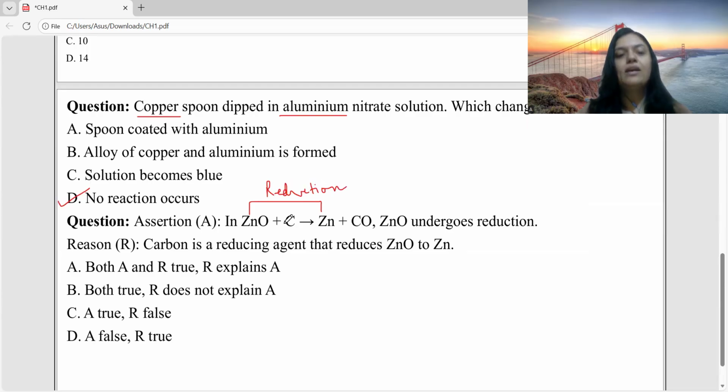So my assertion is true. Now, if this is reduction, then carbon has to be the reducing agent, because carbon is taking that oxygen and becoming carbon monoxide, right? So the reason is also true. So both A and R are true, and R explains A. That will be the correct answer.